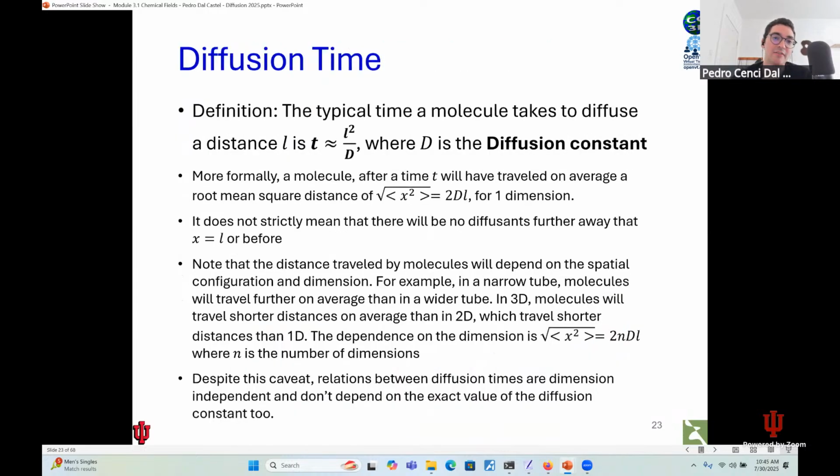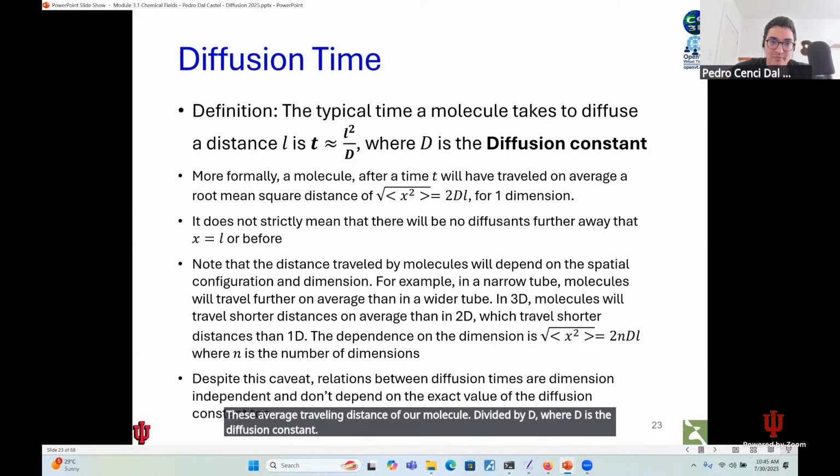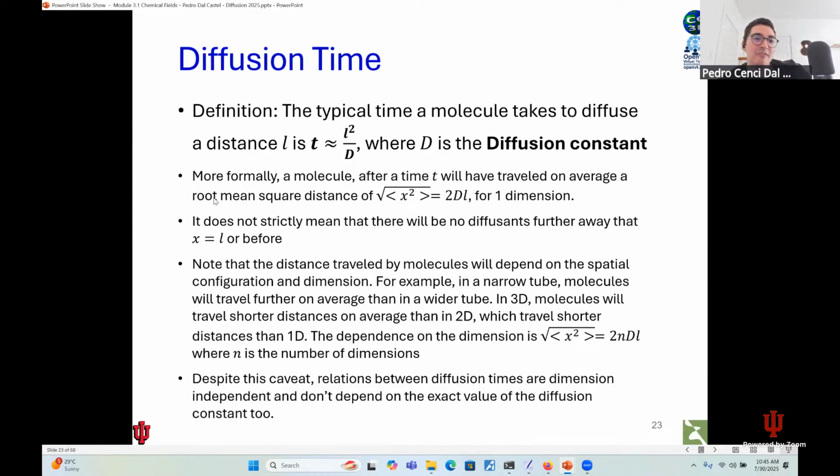So here we have the definition of diffusion time, which is more formally what this concept is. The diffusion time is proportional to the distance squared, this average traveling distance of our molecule, divided by D, where D is the diffusion constant. I have caveats and a more formal explanation of the diffusion time.